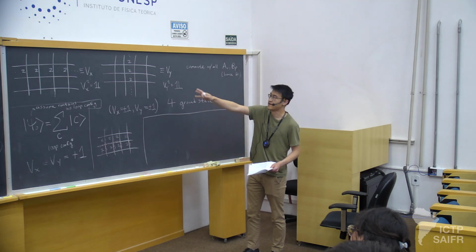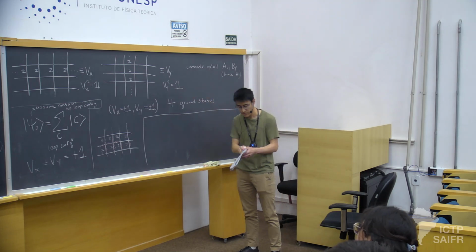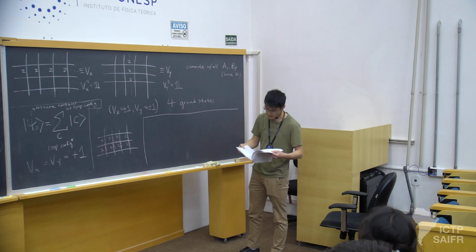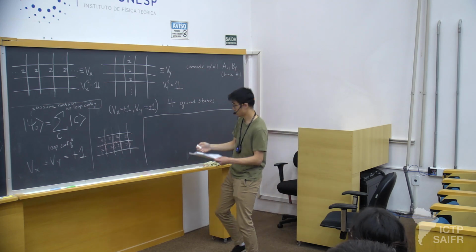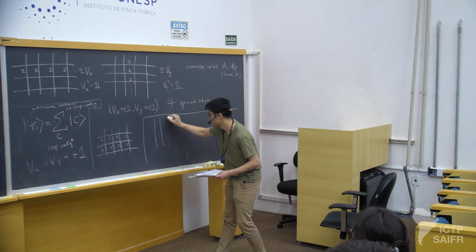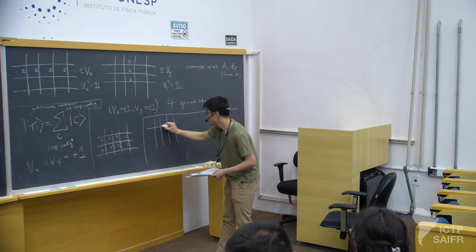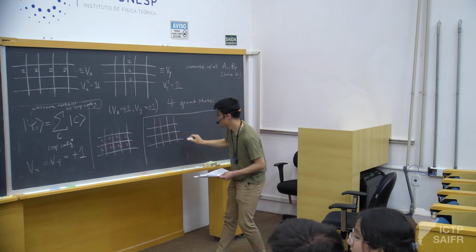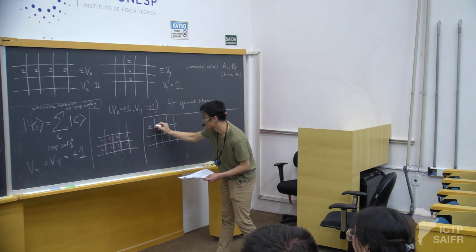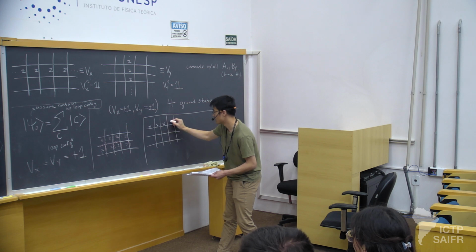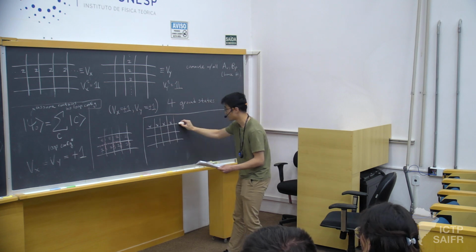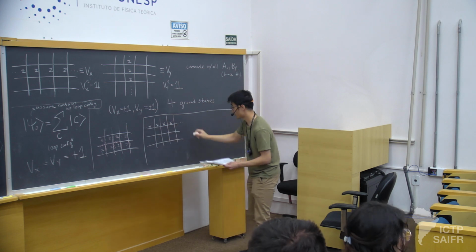Just as how we define these Vx, Vy, we can define similar operators for x's. We can define a product of x's going around the horizontal direction. Let's call this Wx.